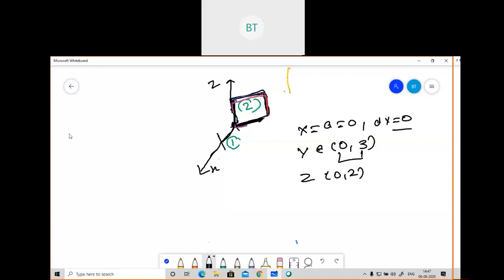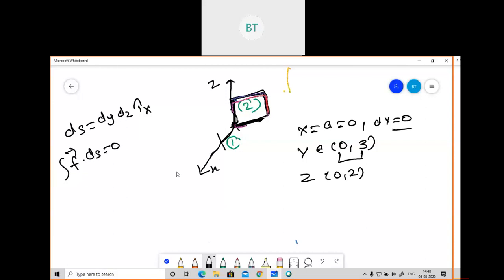So here I'll write ds equal to dy dz i cap x. Since dx equal to 0, I need to substitute in the formula. What we know is the surface integration formula, the integral of F dot ds. So you are getting it now.